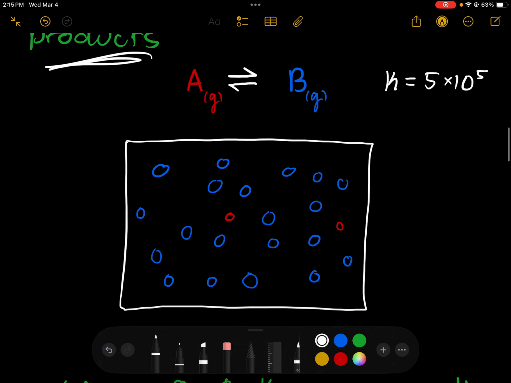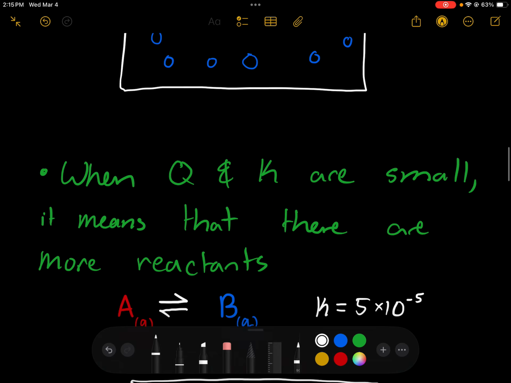So visually speaking, if I had this reaction here, reactant A is being consumed and turning into product B, and I had a large K value, that means that at equilibrium, we're going to have mostly product, because the numerator in the K expression would be large and we'd have a lot of B, and you can see that in the little box there.